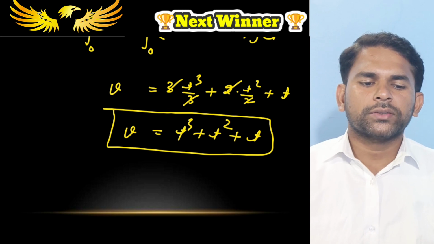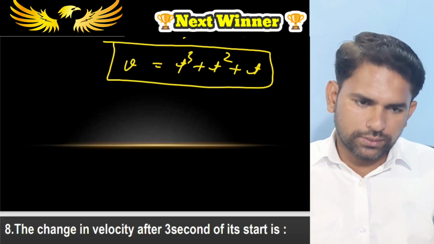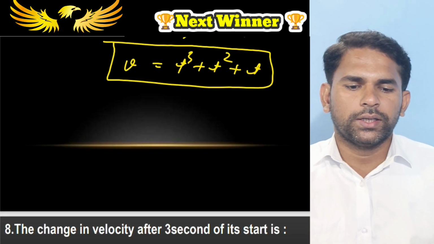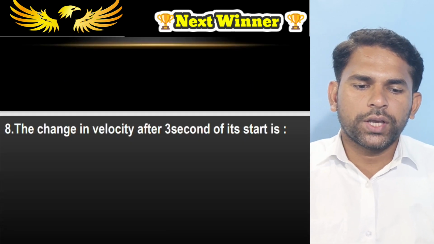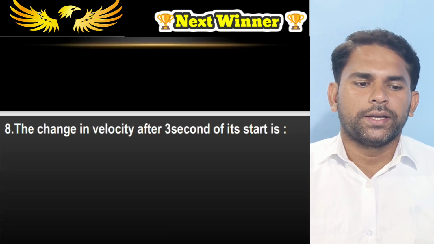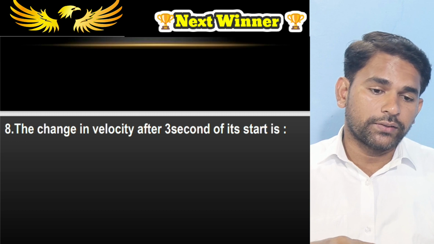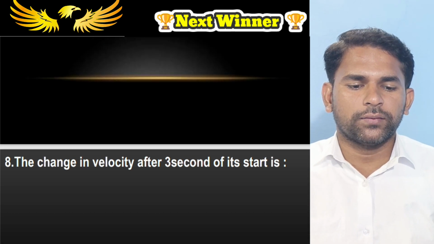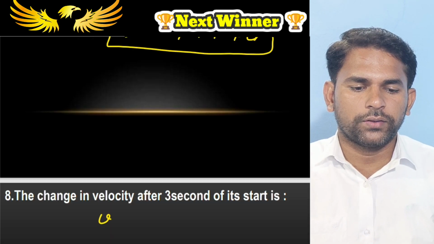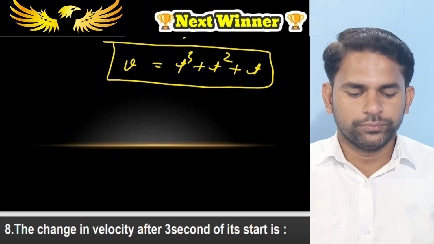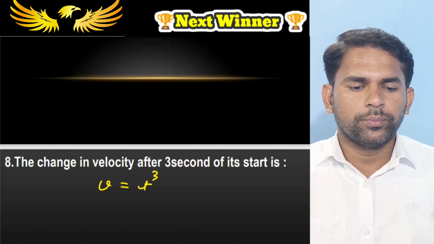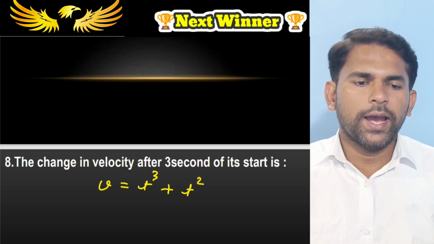Now the next question, what they are asking. This is the equation of the velocity. Now you can see the next question: the change in velocity after 3 seconds. Suppose we got velocity v is equal to t cube plus t square plus t.